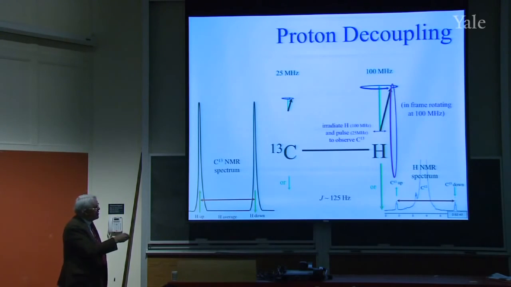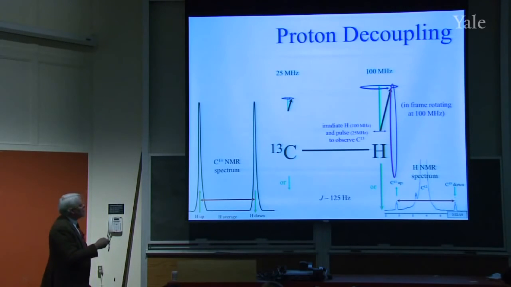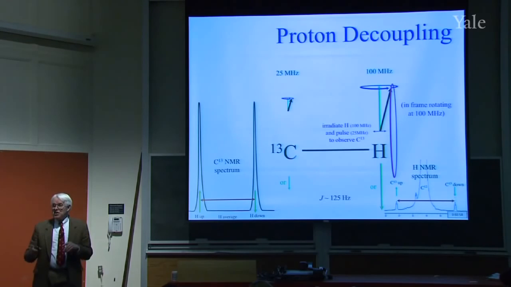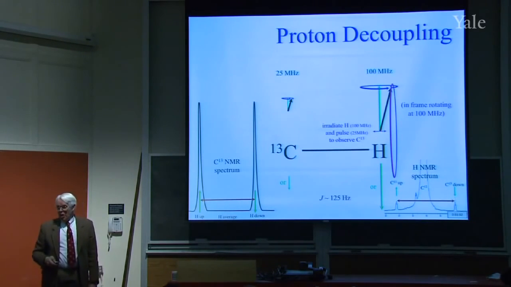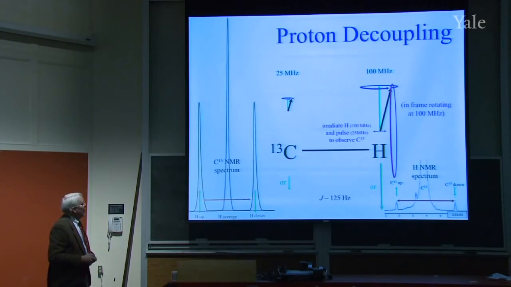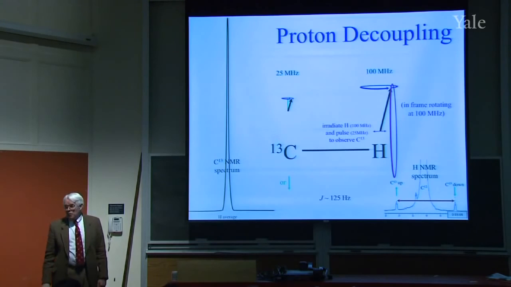It's how big this field is, how strong the field is. The stronger the field, the faster the precession. Okay, so that means H is going to be up, then down, then up, then down. And how fast it's going up and down depends on how much power we put into our radio. Okay? If we do it fast enough, we see the average of the C13 and decouple the spectrum.